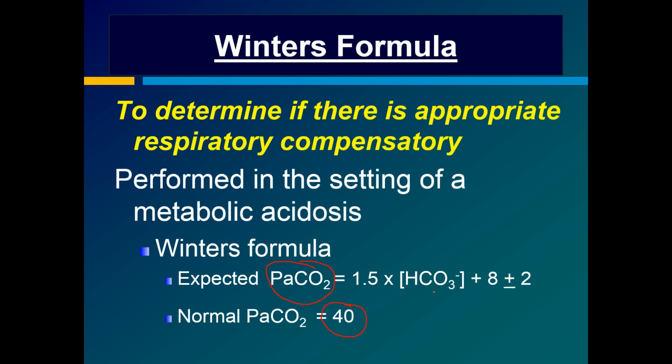So if your serum bicarbonate, let's say, is 10, 1.5 times 10 is 15, plus 8 is 23, plus or minus 2. So if your bicarbonate is 10, for that case, you would expect your PCO2 on your blood gas to be between 21 and 25 millimeters of mercury.